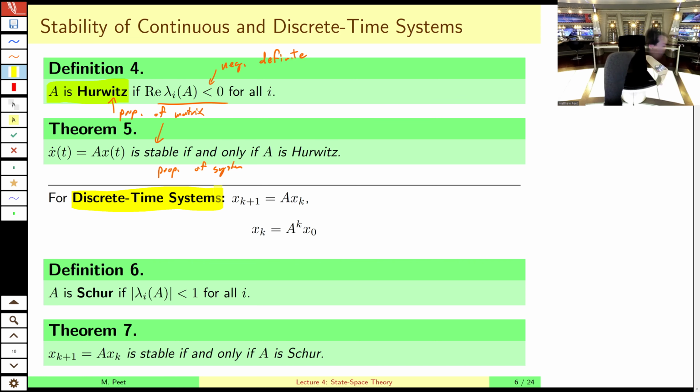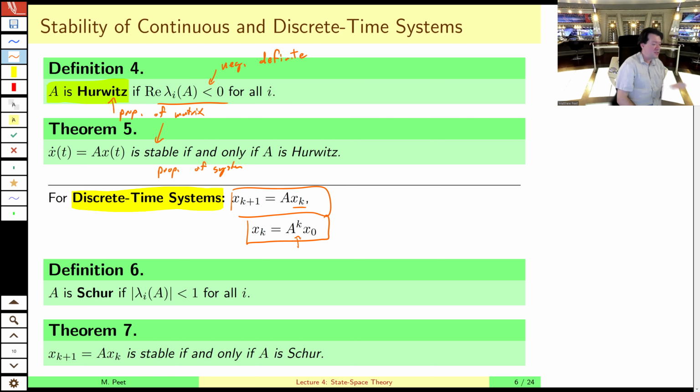Specifically, a discrete time system is an update law, which says at each time step you multiply the state by A, and there are only discrete time steps. It has a similar solution, except it's just the power of A, so it's even easier. It's just one of those terms in the matrix exponential.